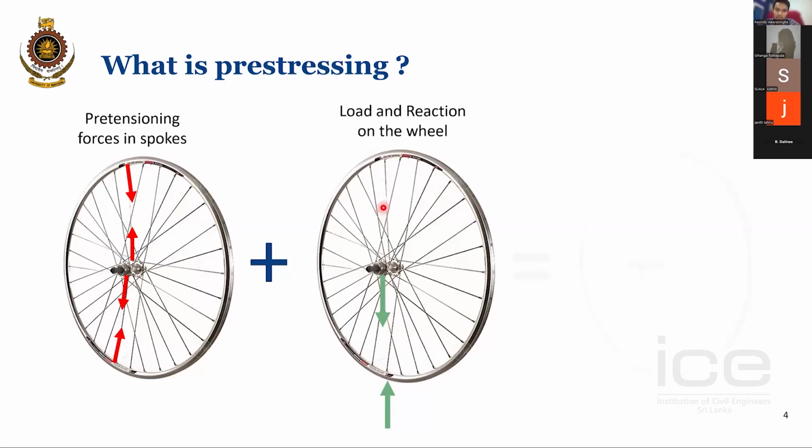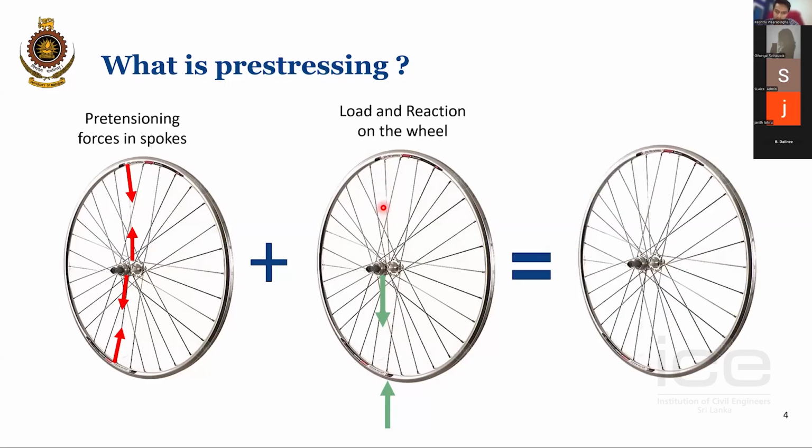So eventually, because it is initially in tension on the top and bottom side, the top part tension will increase, and bottom part, what will happen? This initial tension will reduce due to this compression. So we have a reduced tension. It may be slightly in compression, but not significant compression.